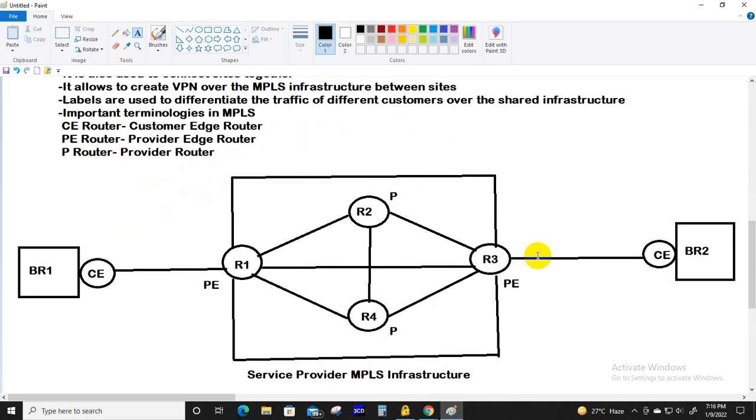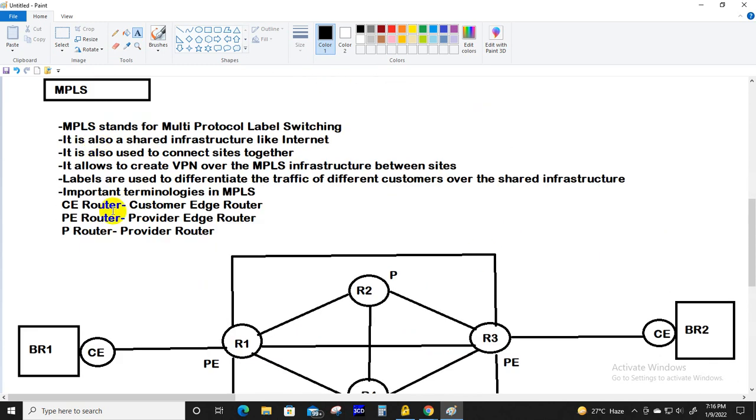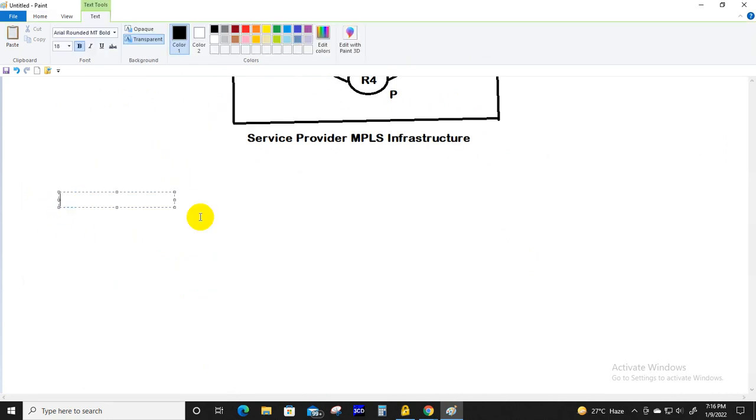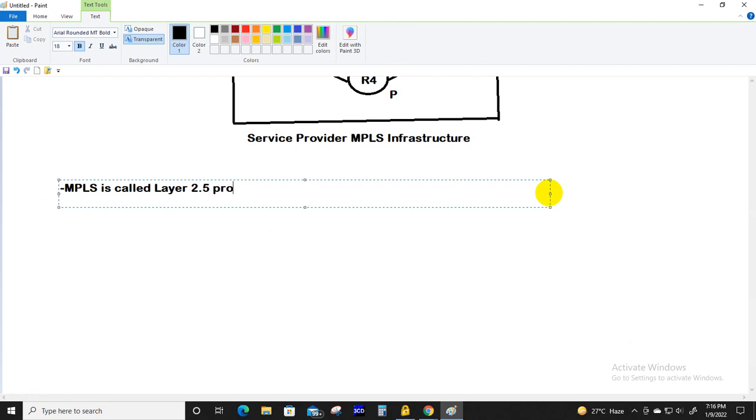Now we can add in this point also that MPLS is called layer 2.5 protocol, as its header sits between the IP header and the Ethernet header. Labels are used to make forwarding decision.